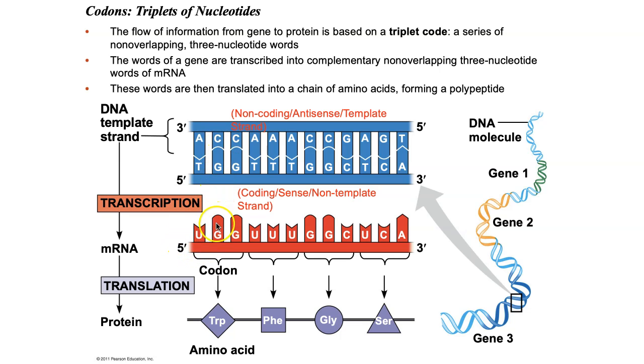C is still paired with G. Here's A with U, A with U, A with U, C, G, C, G, C, G, A with U, C with G, T with A.